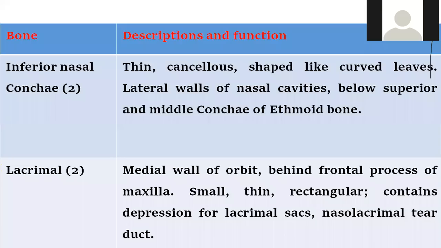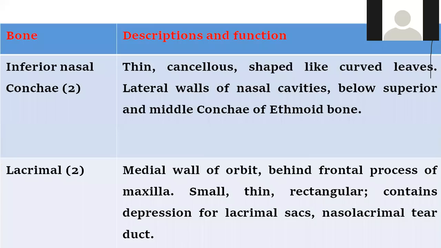So from this, you discover that the lacrimal bone has something to do with the orbit, because the sacs within the lacrimal bones hold the tears, that is, when an individual cries, the tears come from the sacs within the lacrimal bones.